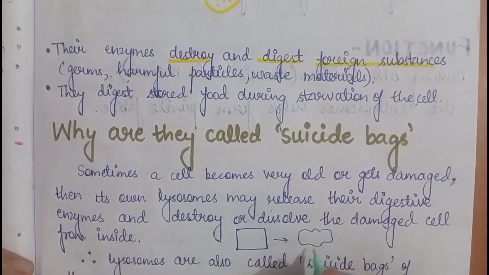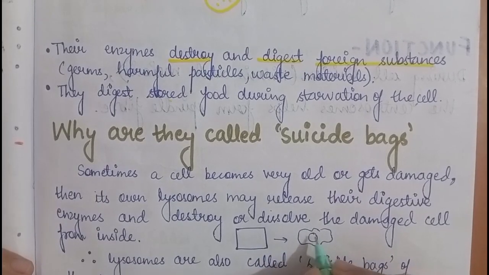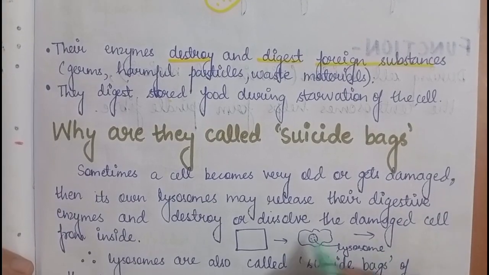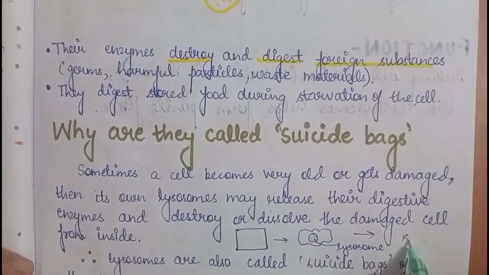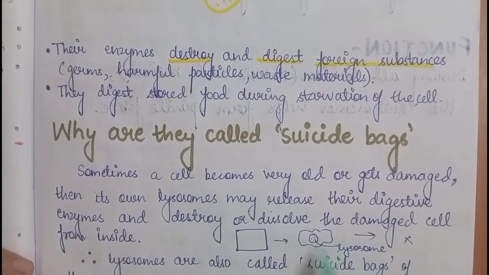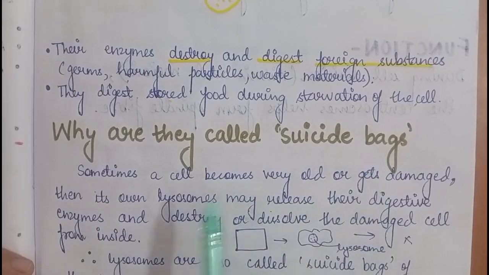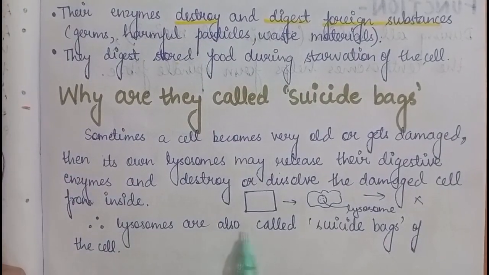So this cell is now not needed. The lysosome which was present inside the cell will eat up its own cell and the whole cell will disappear. So the whole cell is killed. That's why they are known as suicide bags of the cell.